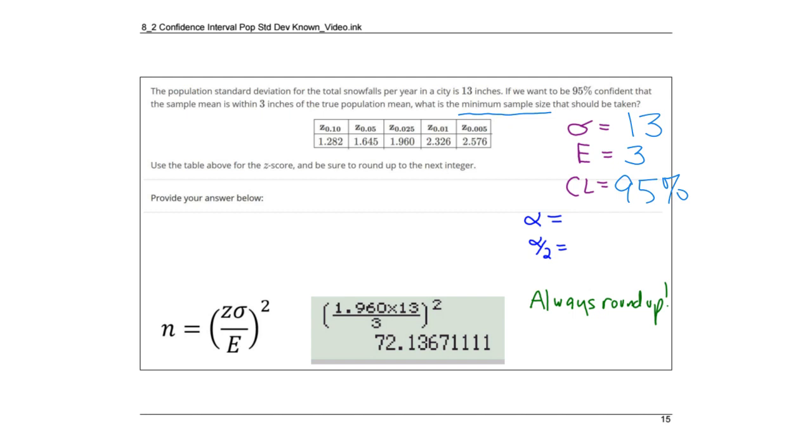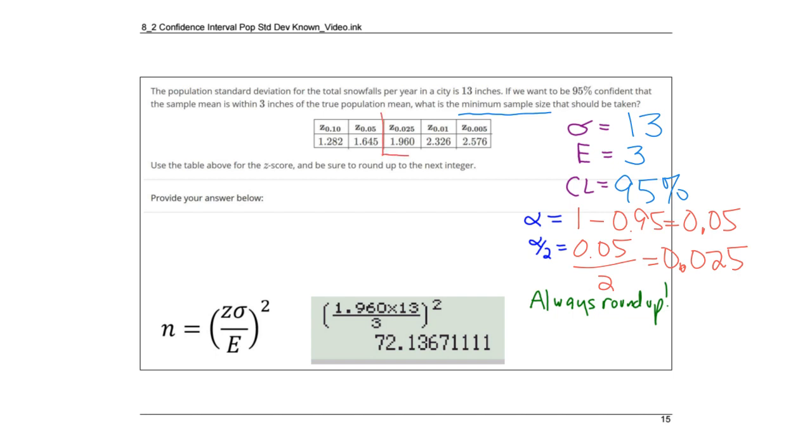So let's go ahead and find our alpha. So alpha is going to be 1 minus 0.95. That gives me 0.05. That gives me 5%. And now I need to split that up into 2 pieces. So I actually get 2.5% or 0.025.